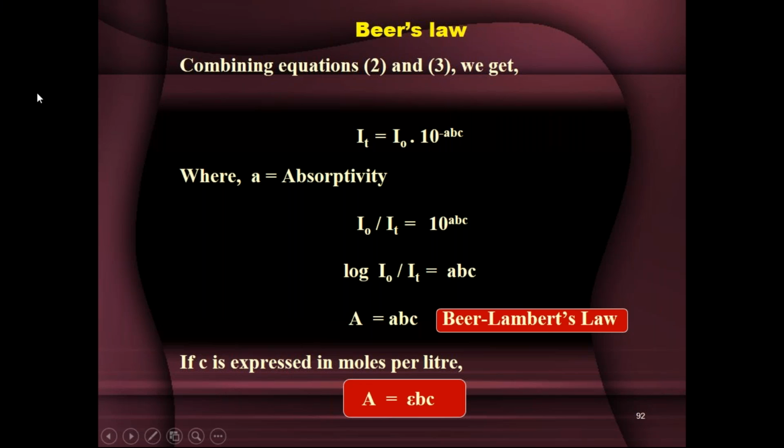Derive both of them, get Lambert's law separate, Beer's law separate, combine the two, and finally get A equals abc, and also mention the more common, popularly used form A equals epsilon bc. So this actually completes the Beer-Lambert's law, a very important topic in your chapter of absorption spectroscopy.